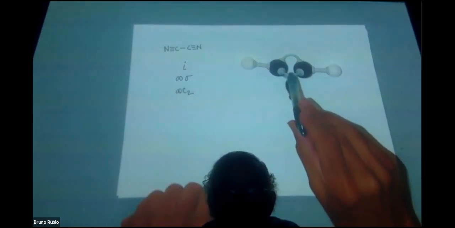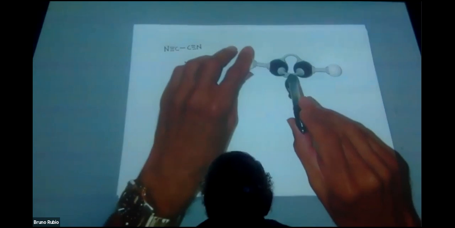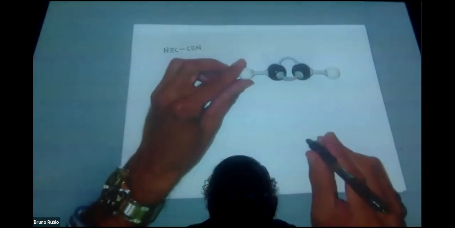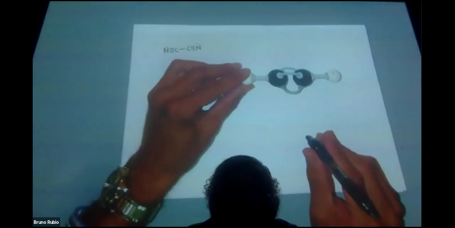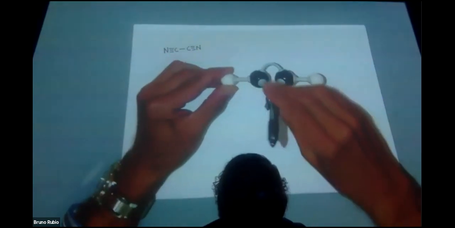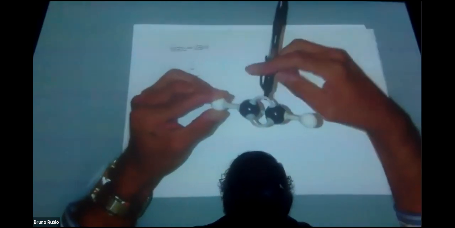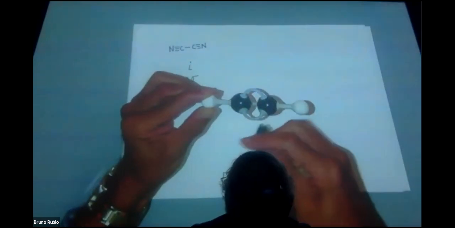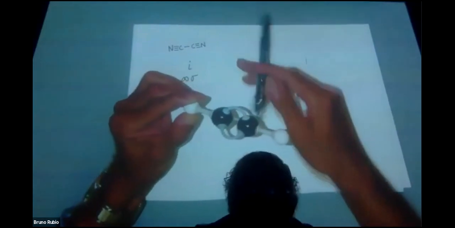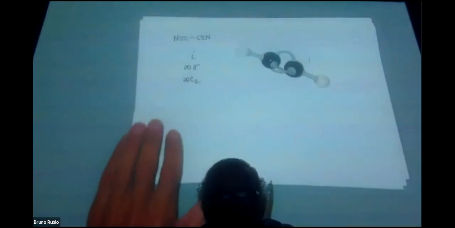So here my pen, that's the C2 axis, rotated 180 degrees. I see the same before and after picture. But if I rotate this molecule any number of degrees, I have a new C2 axis. So this molecule has an infinite number of C2 axes that are kind of like a ruff around the center of the molecule.